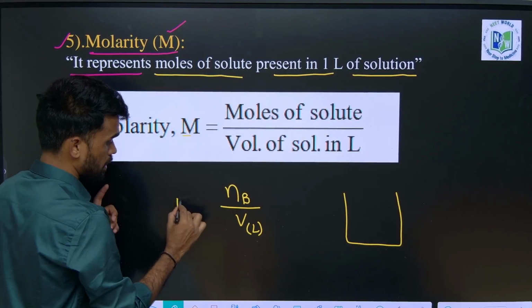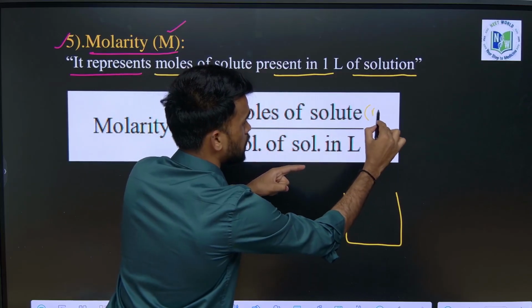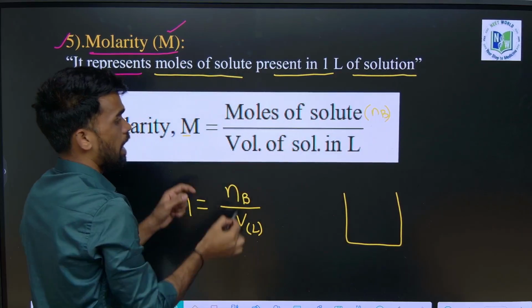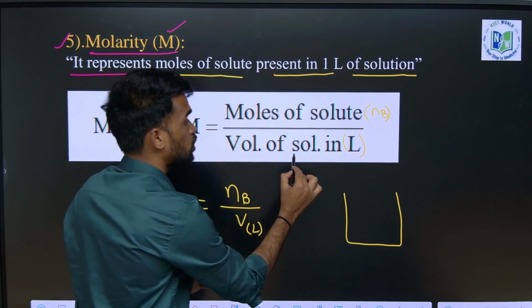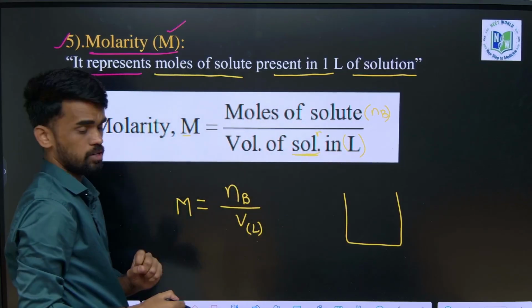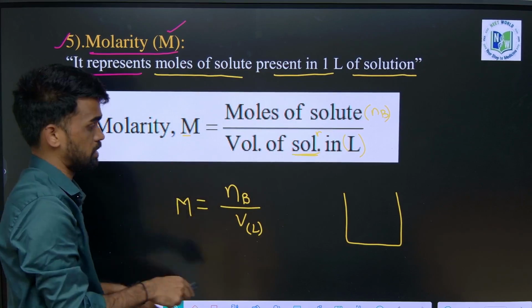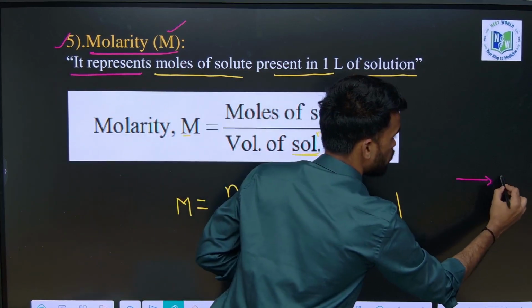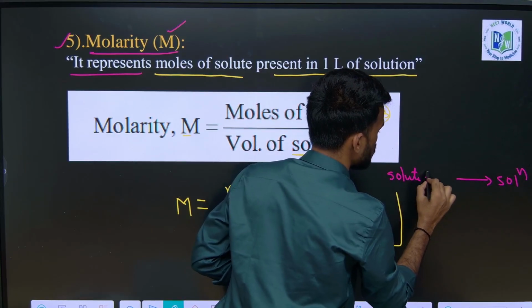So molarity can be represented with capital M. Moles of solute, which is nothing but NB, I am writing, divided by volume of solution in liters. Okay, so you have to write like this. Solution is made up of solute plus solvent.